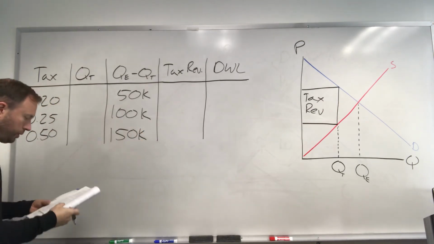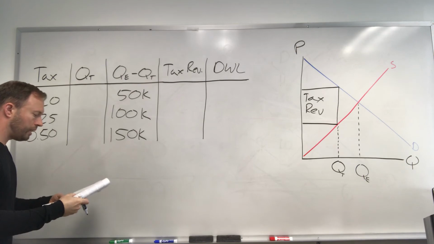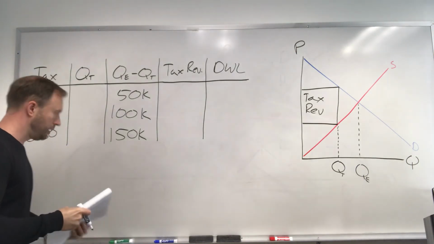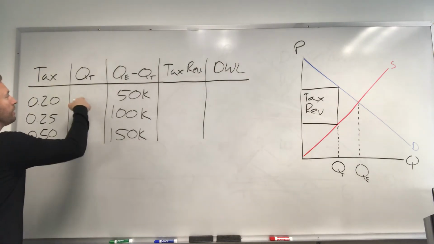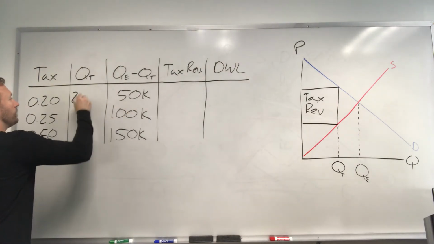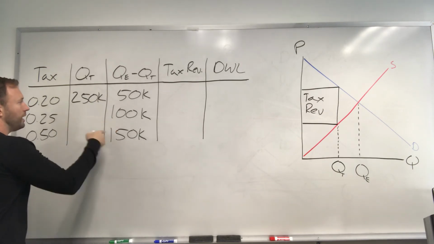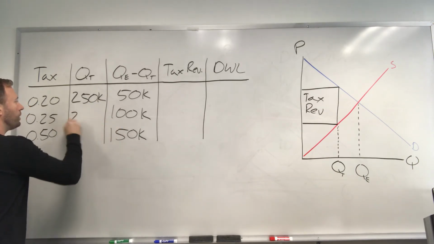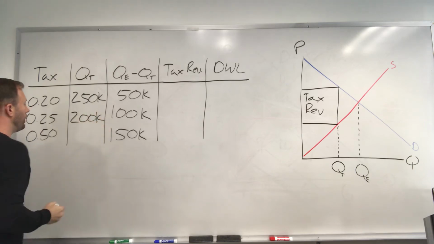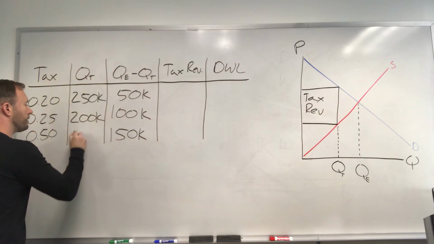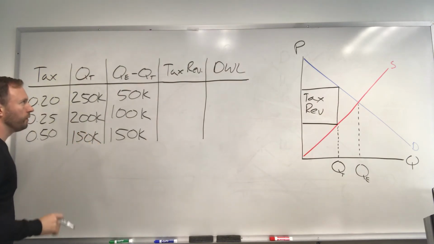And then you're also told at the beginning that in your state, 300,000 donuts are sold every day without a tax. So QT would be 300,000 minus 50,000 is 250,000. And in this case, it would be 300,000 minus 100,000 is 200,000. And in the final case, it would be 300,000 minus 150,000 is 150,000.